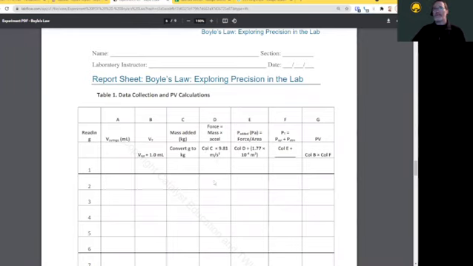So take this number times 9.81, you get that number. Now it's in force, okay? That's in newtons. Now I want newtons per square meter. So here's my added pressure: newtons, which I had right there, column D, divided by the already calculated area of the plunger, 1.77 times 10 to the minus 4 square meters.